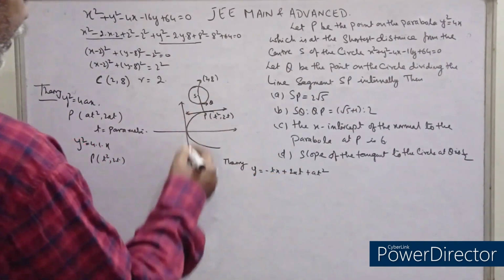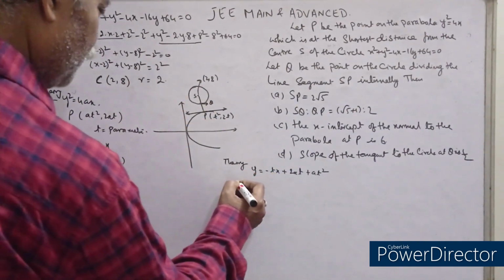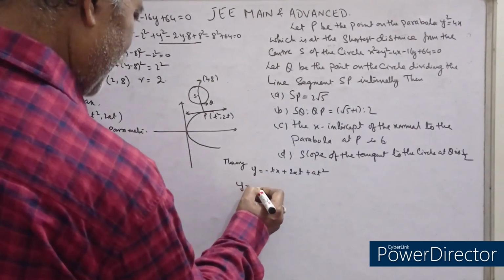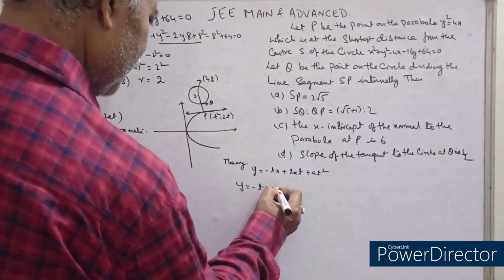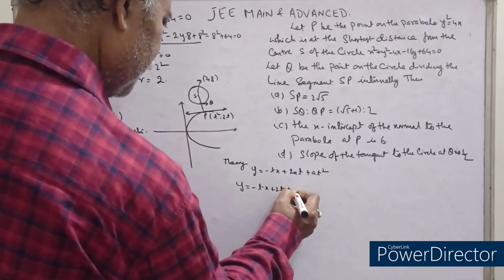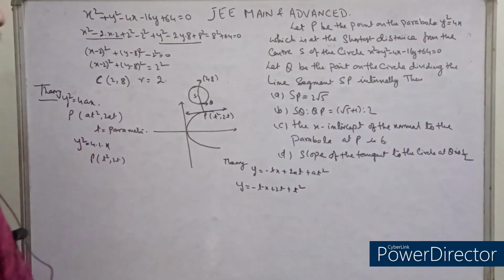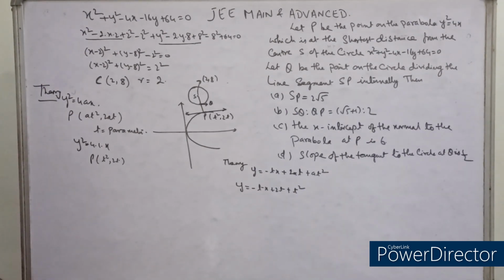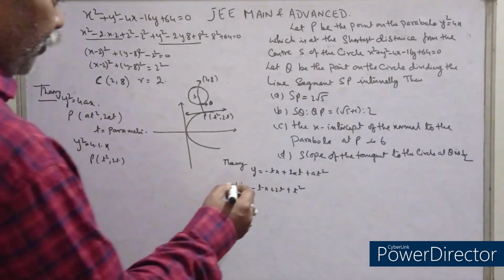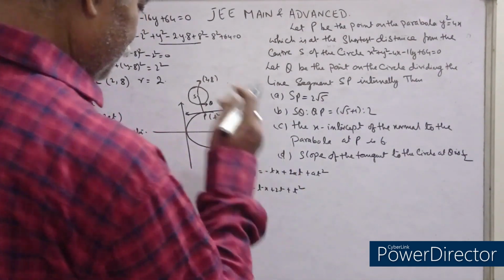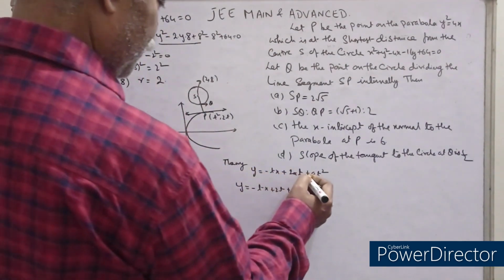Because your a is 1, the equation of this normal will be y is equal to minus tx plus 2t plus t cube.